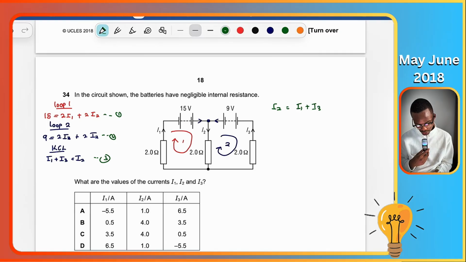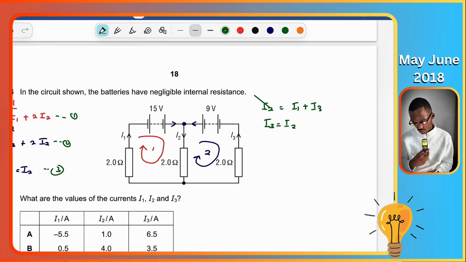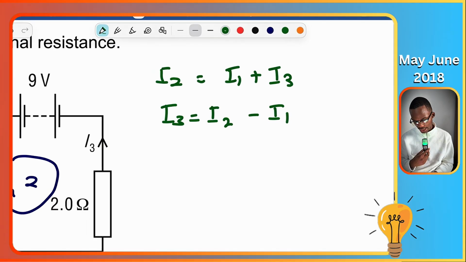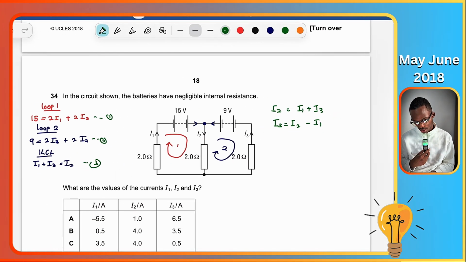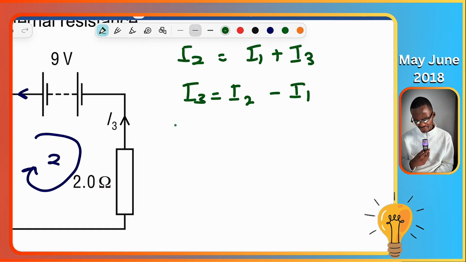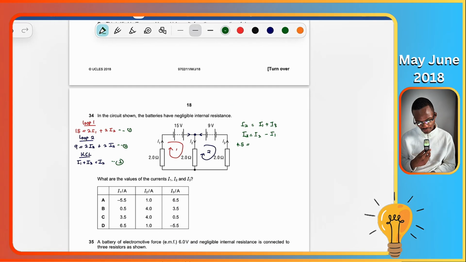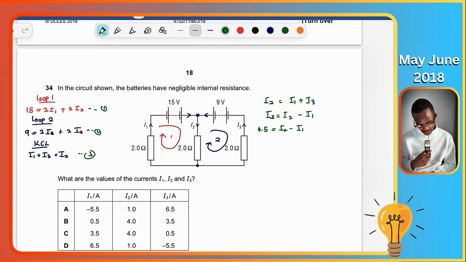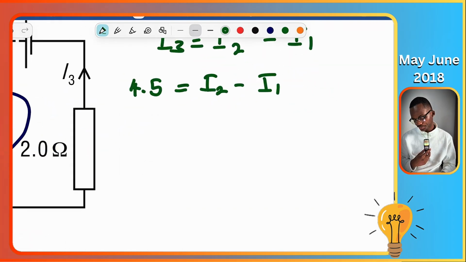So if I can remove I3 in equation 2, I3 is effectively I2 minus I1, and if I divide throughout by 2, 4.5 is equal to I2 minus I1 plus I2.